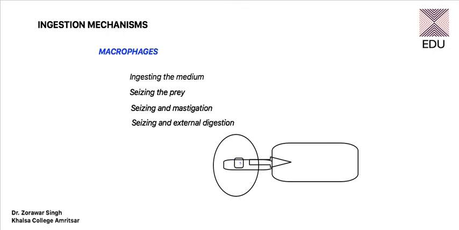So these are the four major types of ingesting mechanisms in macrophagy. After this, only one type of ingestion is left, that is fluid feeding. In the next part, we'll be taking up that remaining type of ingestion method.